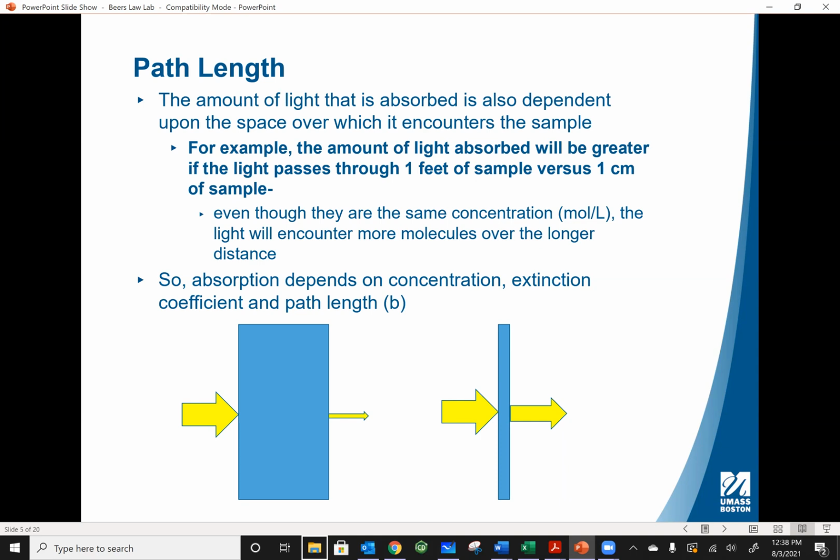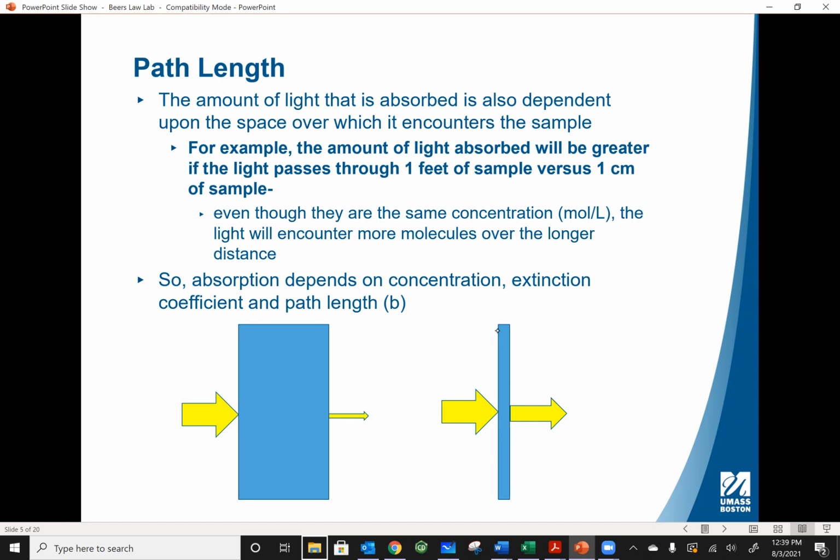For example, we have some images down here of two different lengths. We have light passing through a large sample, in which a large amount of light starts in the beginning of the sample, and then as the light passes through, the molecules are absorbing it. So at the end, only a little bit of light is going through the sample.